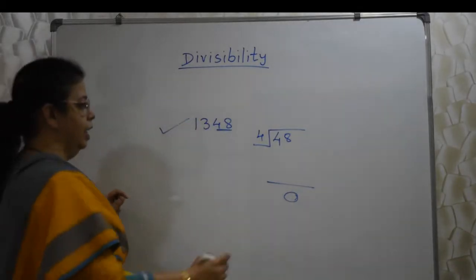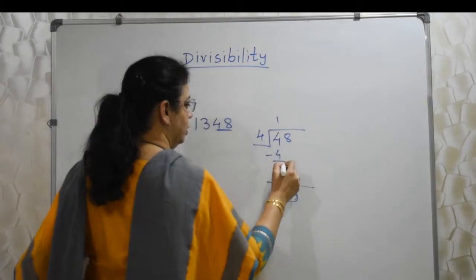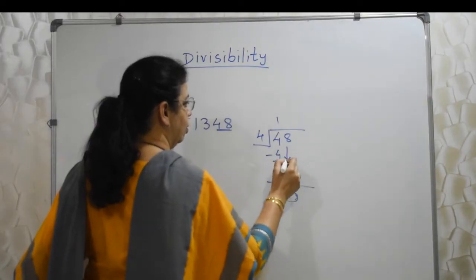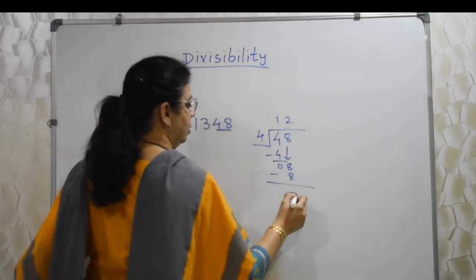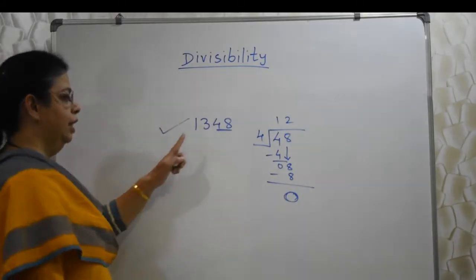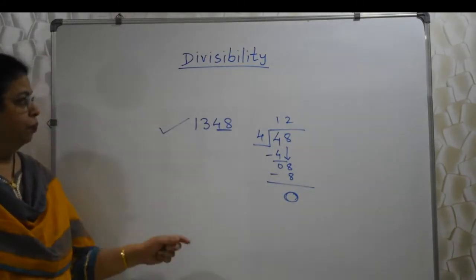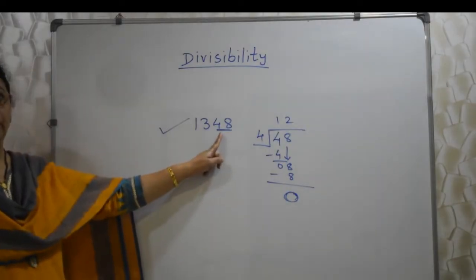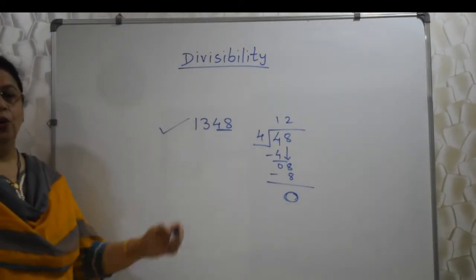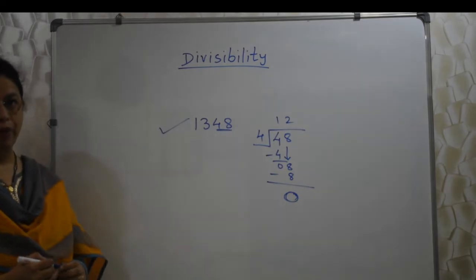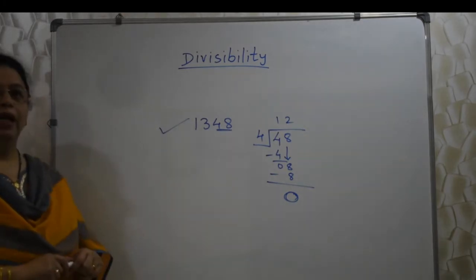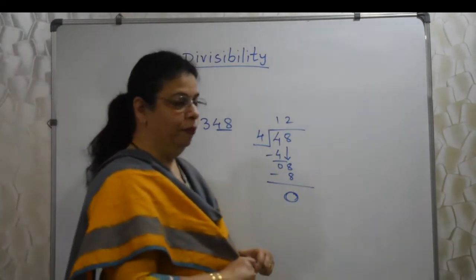In this case, yes, 4 ones are 4, 0. Then I will take this 8 down, 4 twos are 8, 0. So yes. If it is 1, 2, 3, then it is not divisible. So you have to take only the last 2 digits and see whether it is completely divisible by 4. Then the entire number is also divisible by 4.